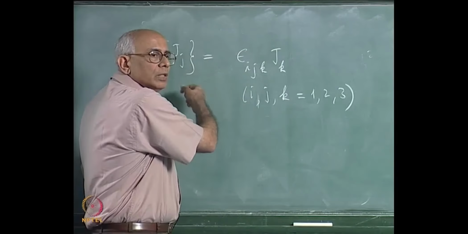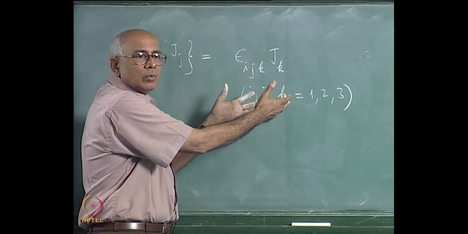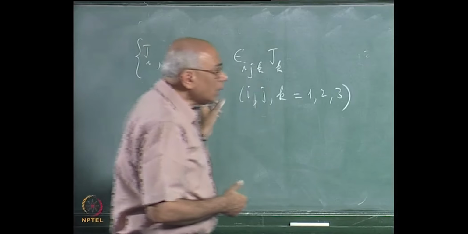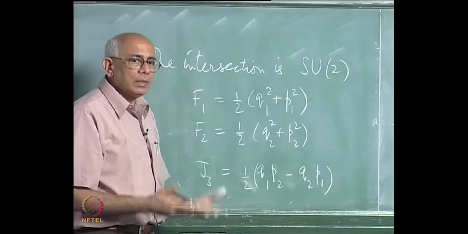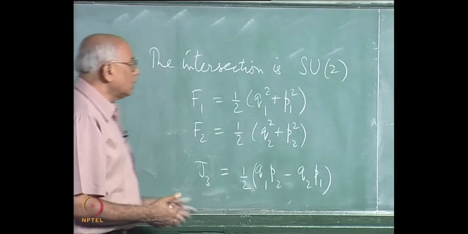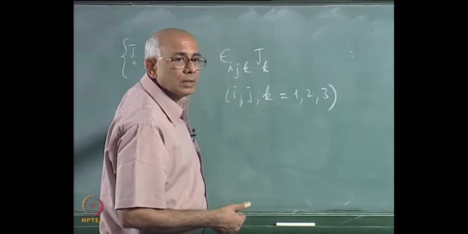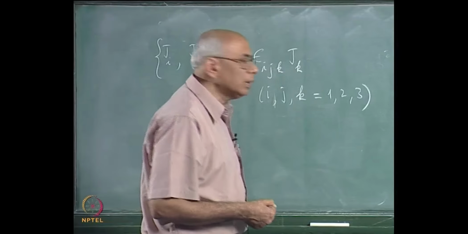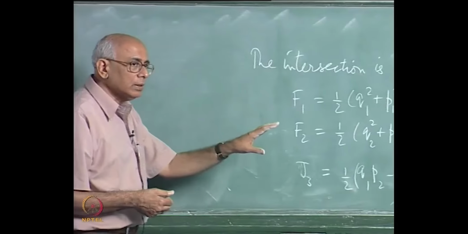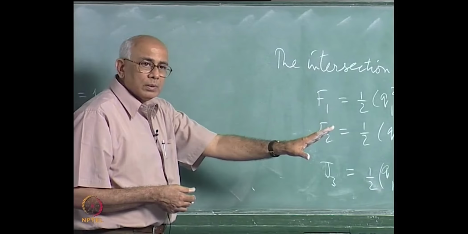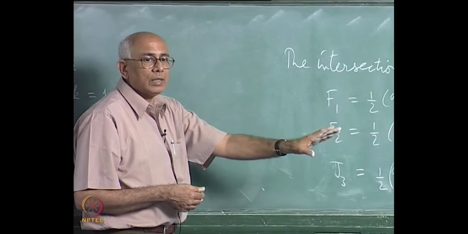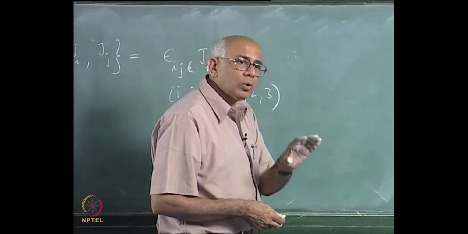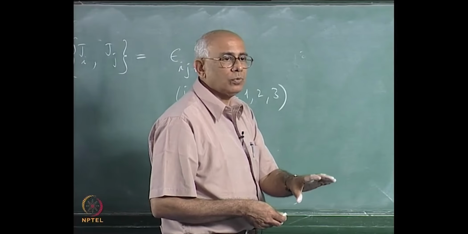The Poisson bracket of any two is a linear combination of the same quantities, in this case just the third one with the appropriate sign. That algebra represents something much deeper. The existence of this set of relations implies that there is a certain dynamical symmetry group in the problem, which happens to be the intersection of the symplectic group Sp(4,R) of canonical transformations in this problem with the symmetry group of the Hamiltonian itself, which happens to be SO(4).